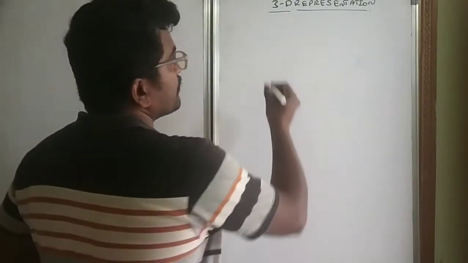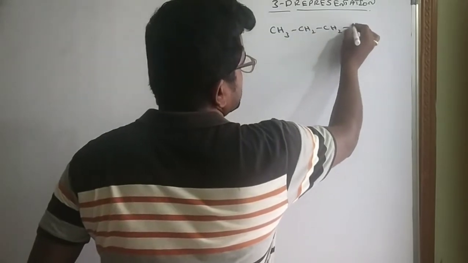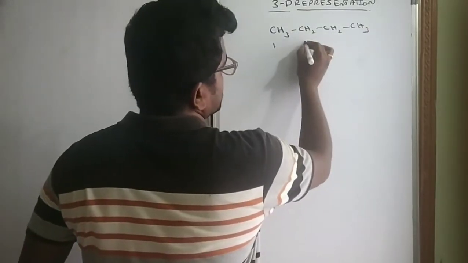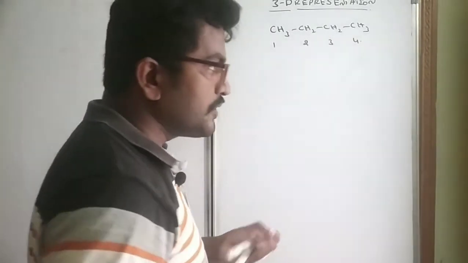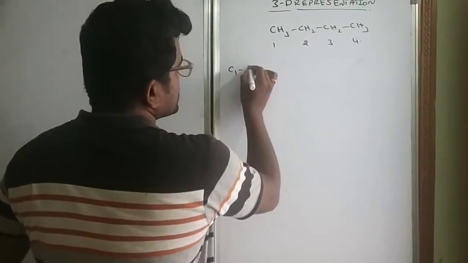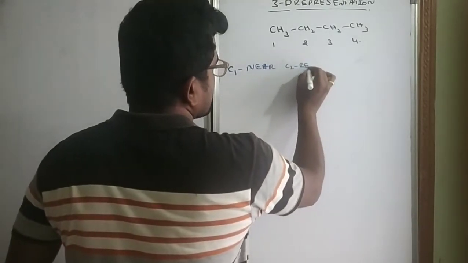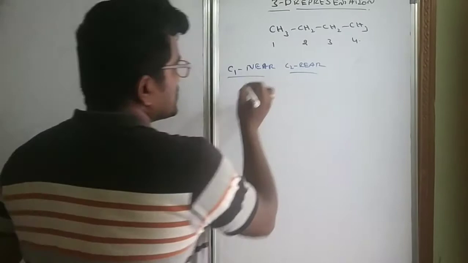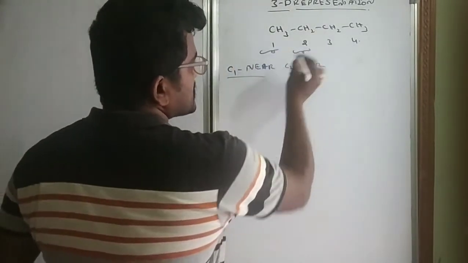I will take butane. It is CH3, CH2, CH2, CH3. First carbon, second carbon, third carbon, fourth carbon. You can write C1 as near and C2 as rear. So this is C1 and this is C2.